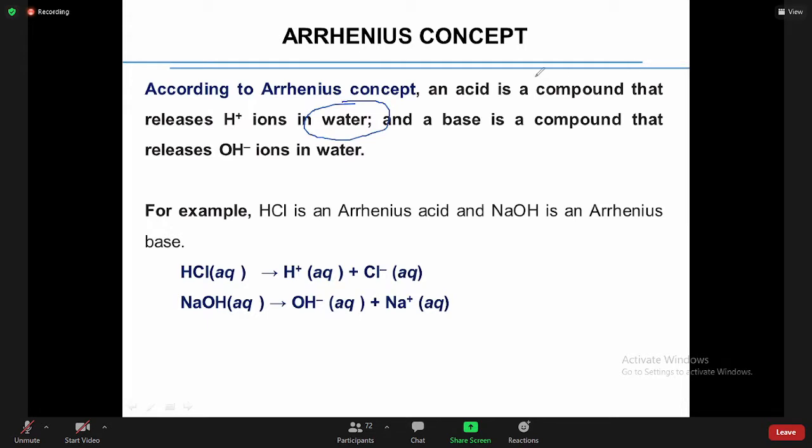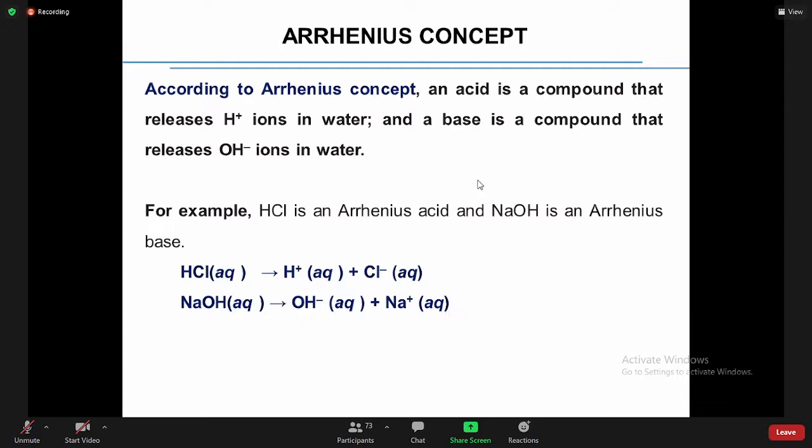Yes, sir. Very good. How about a base? Sir, here sodium hydroxide donates a hydroxyl ion in the aqueous solution. Right, very good.